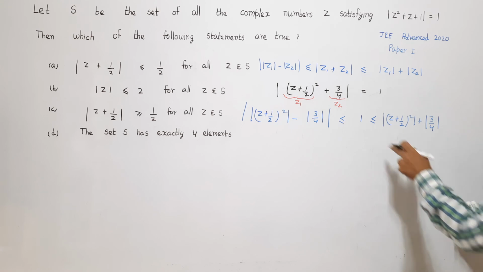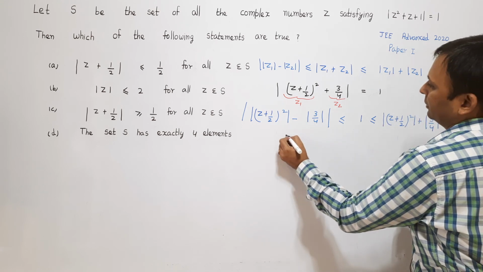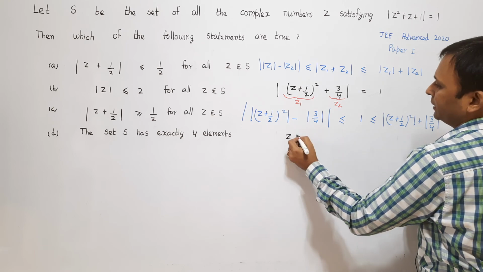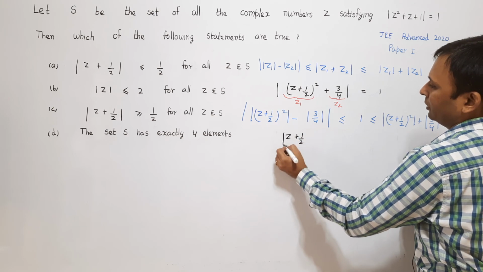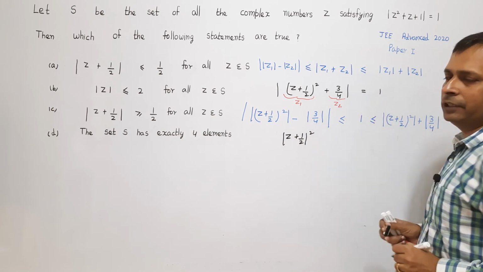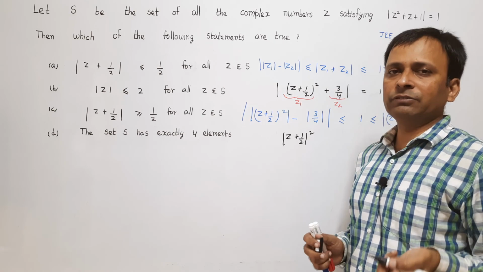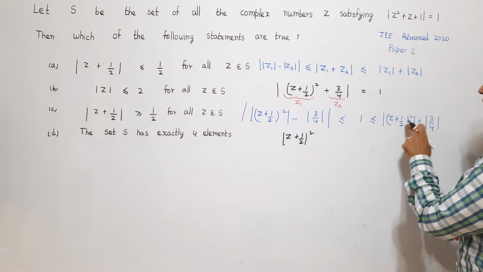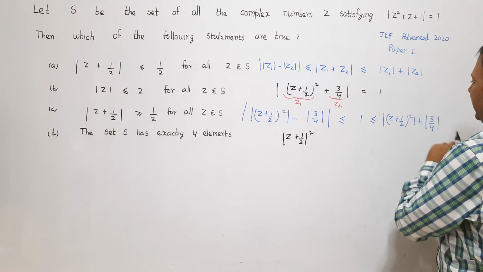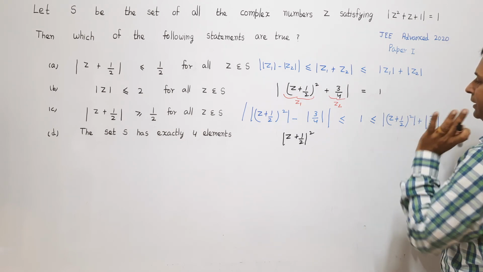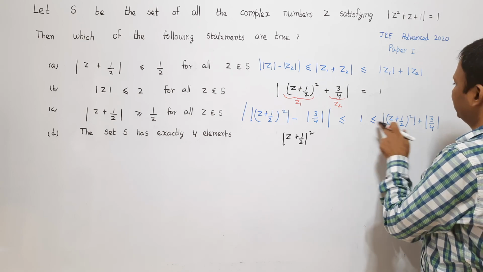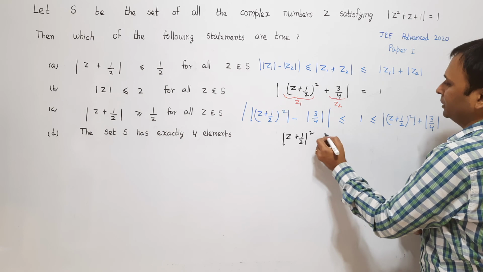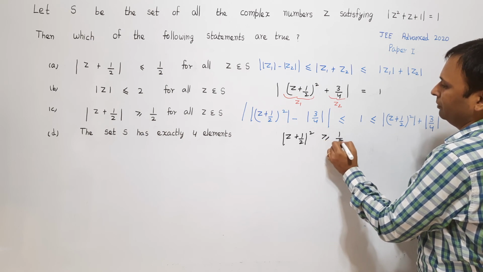So to start it, Z plus 1 by 2 whole square mod can also be written as Z plus 1 by 2 mod square, using the property that mod of z square is equal to mod of z square. And this 3 by 4, if I take it on the other side, becomes 1 minus 3 by 4, which is 1 by 4. So this value is greater than or equal to 1 by 4.